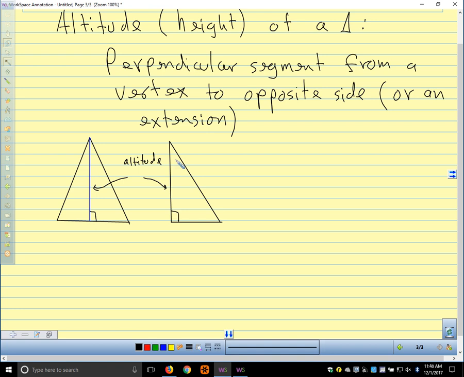But if we have an obtuse triangle, depending on which side we use, we have to find the altitude outside the triangle.